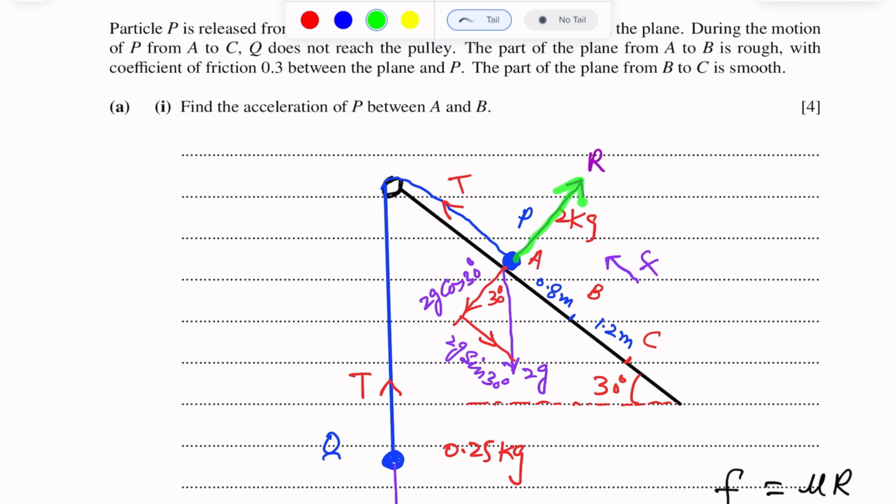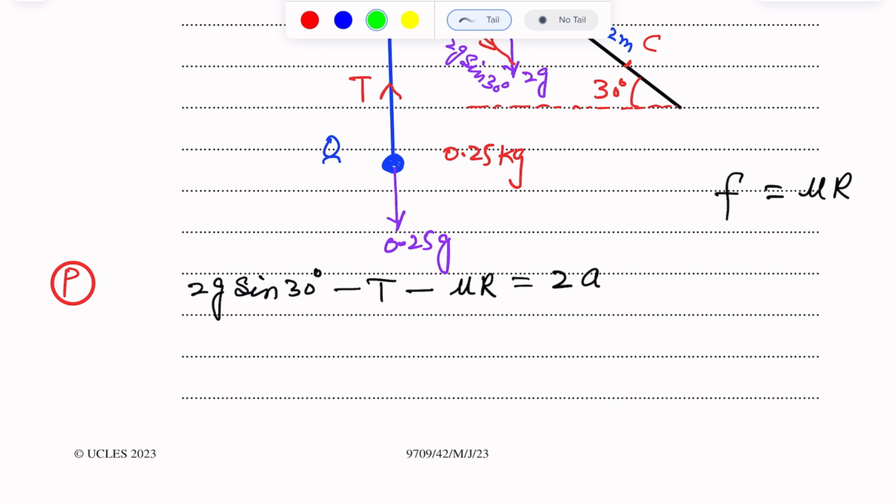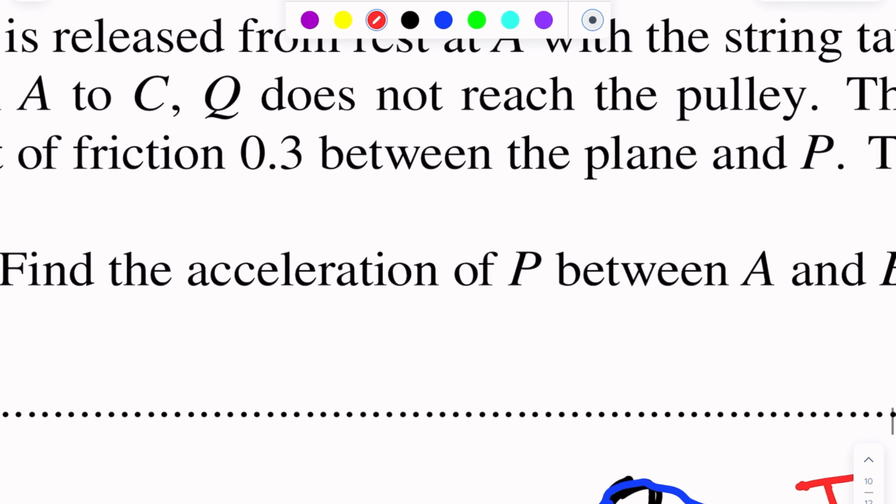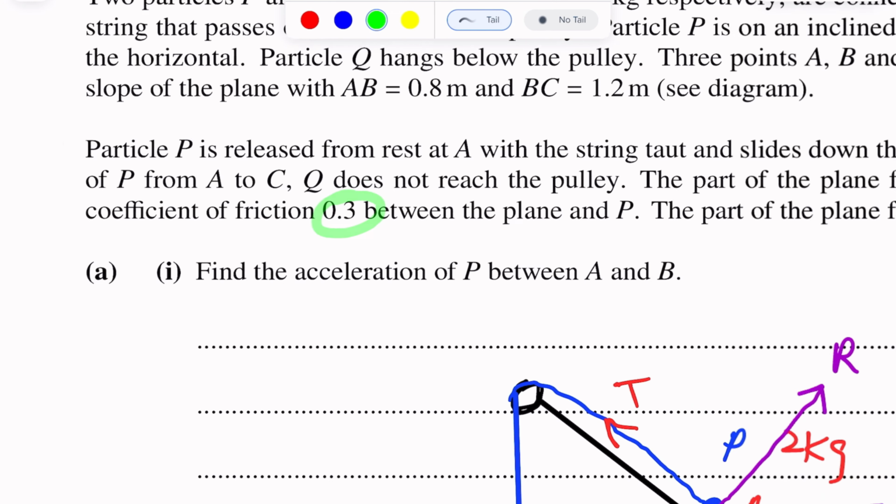This R will be equal to this component of the weight, so R is equal to 2g cos 30 degrees, but F is equal to mu R. Now since F is equal to mu R, we will find F. The value of mu is given, that is 0.3.